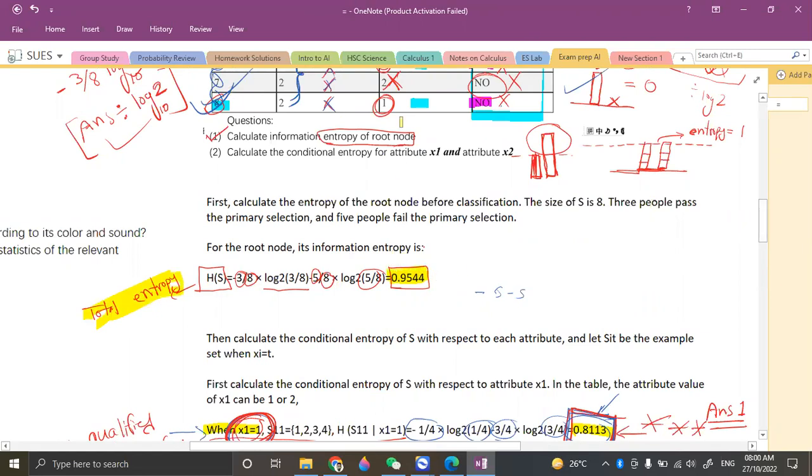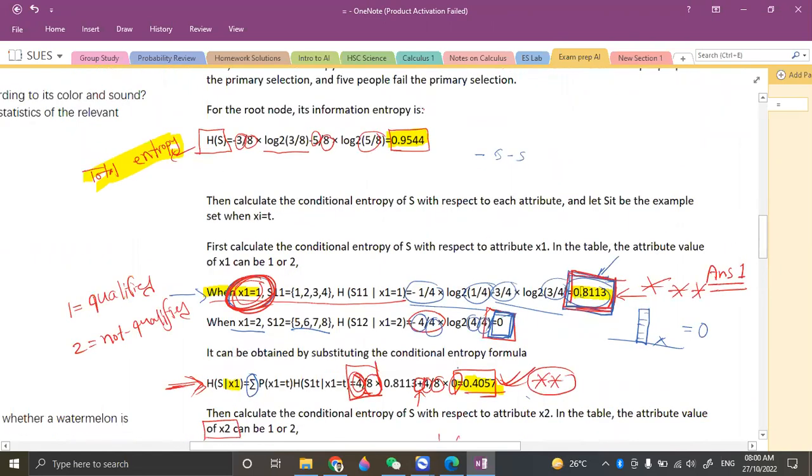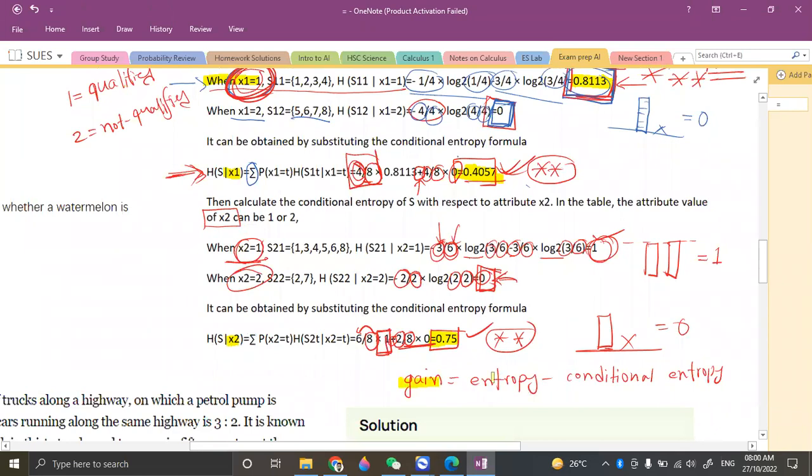So we find the information gain. We substitute the conditional entropy: we subtract 0.8113 from 0.9544. Okay. You see the formula? Gain is equal to entropy minus conditional entropy.